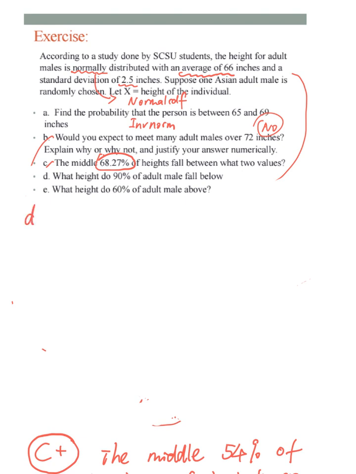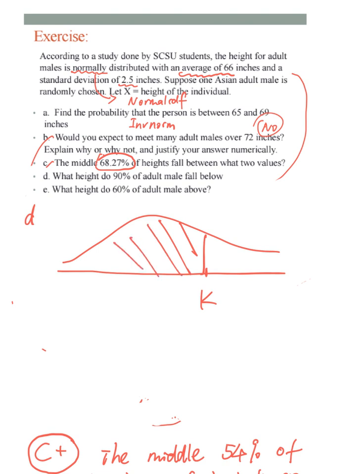So for part D, draw the graph. We are looking for a height, and we want 90% of adults to fall below that height. I don't know the value of that height, so I suppose it's k inches. We want 90% of the heights of adult males to fall below this value, so 90% of observations are less than this value.